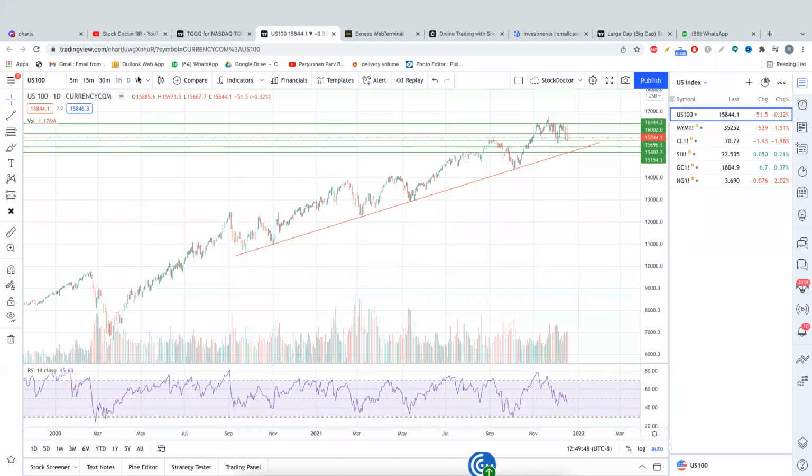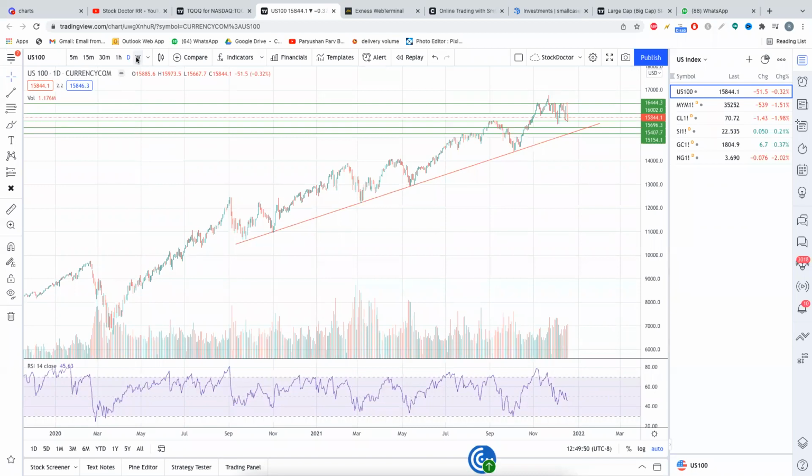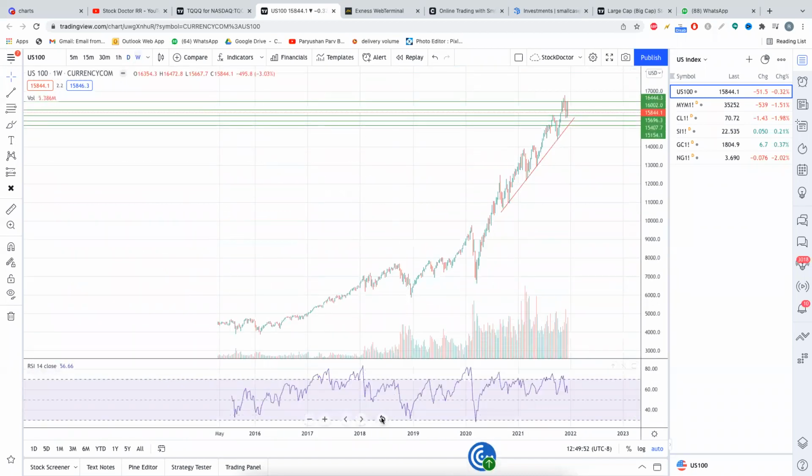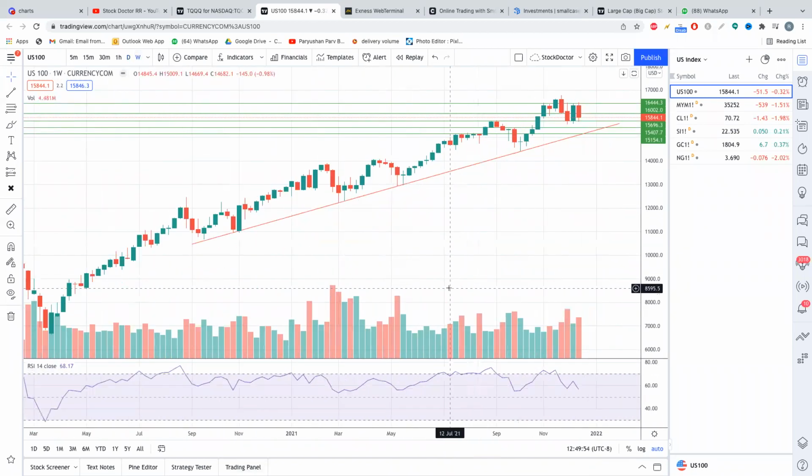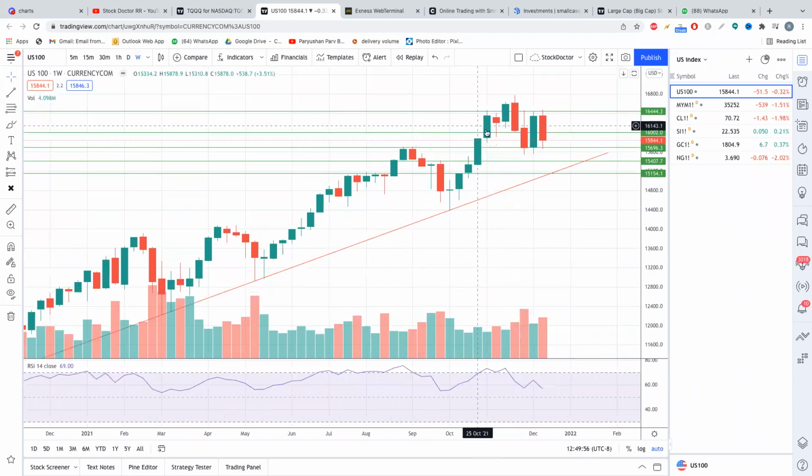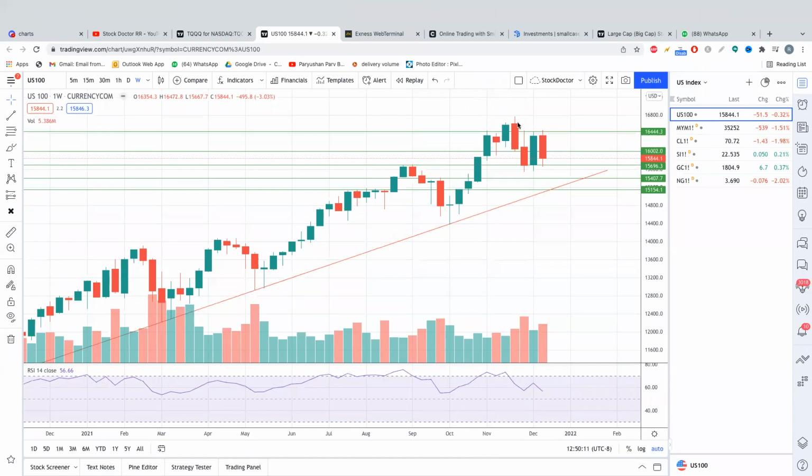So let's move on to the weekly chart here. Okay, change it to weekly and we will zoom it. See, clear cut, it indicated almost 3 weeks back on the weekly chart that it has created a bearish engulfing pattern, right?